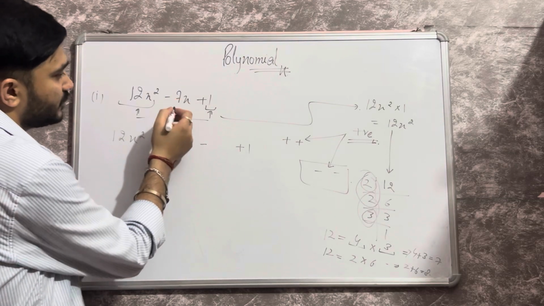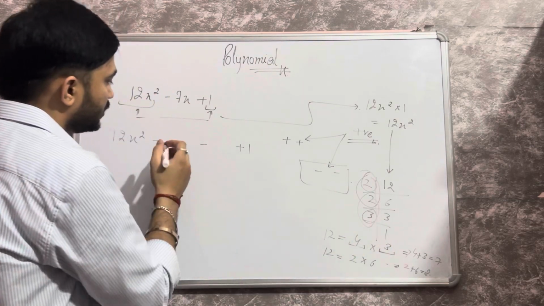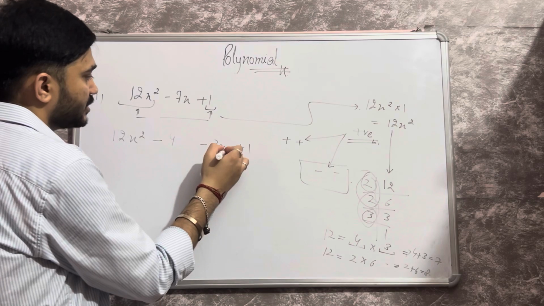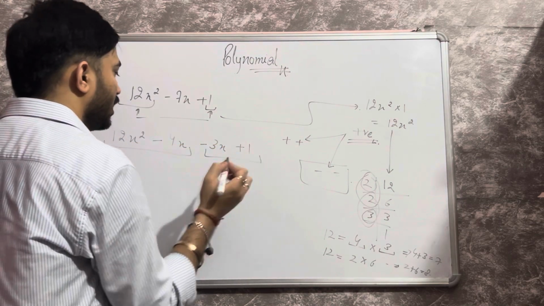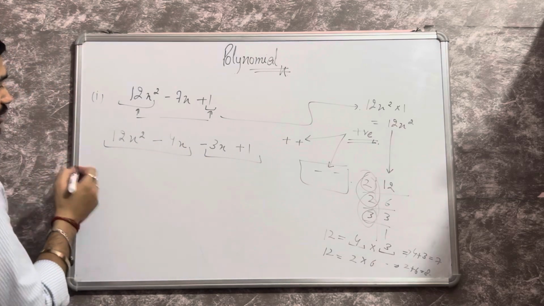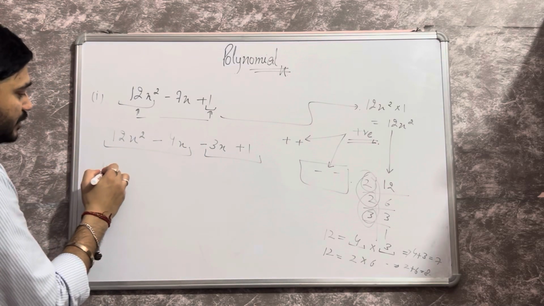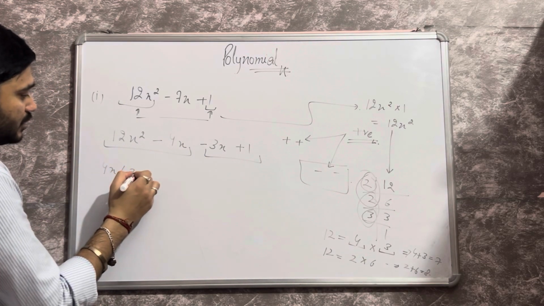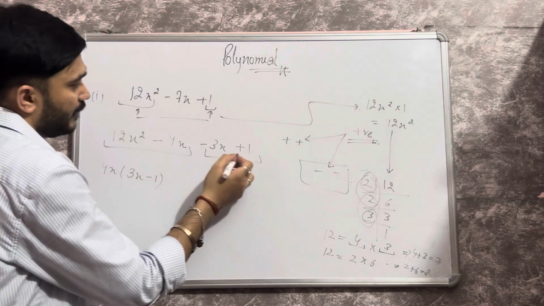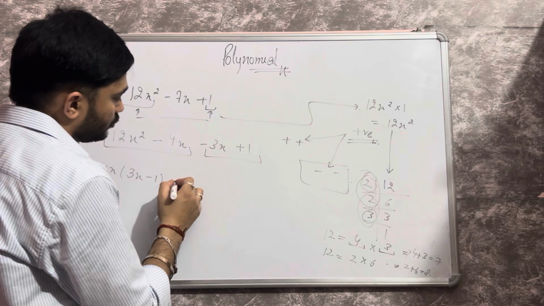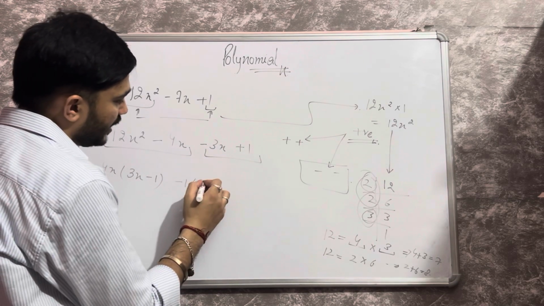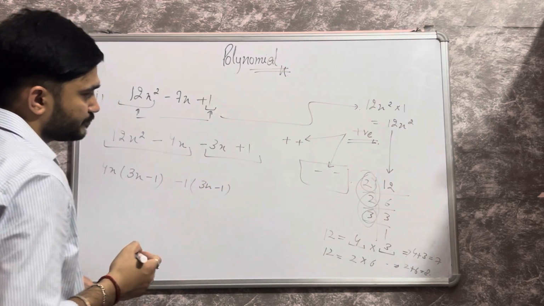Now in place of 7x we are going to write 4x and 3x.